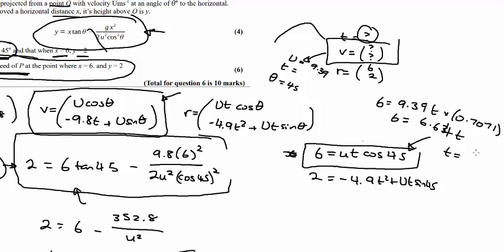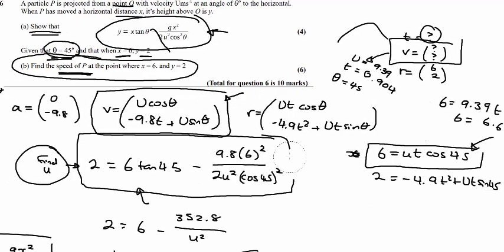So t equals 6 over 6.64, which equals 0.904. Excellent. Oh, God, that's a mess.